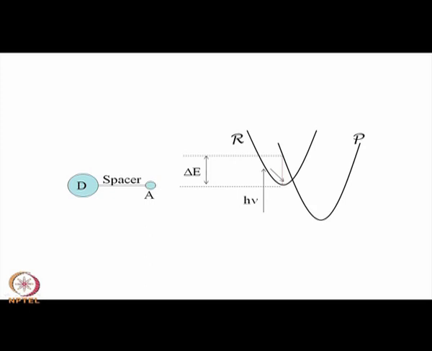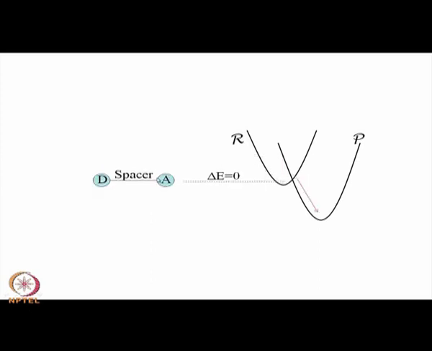That is why it is denoted with a smaller sized ball and a bigger sized ball, just to show you that the probability of finding the electron which is going to be transferred is more on this reactant surface. Then it reaches over here, so that you get almost equal probability distribution. It has got the equal probability to move to this side or that side. Its delta E is equal to 0.